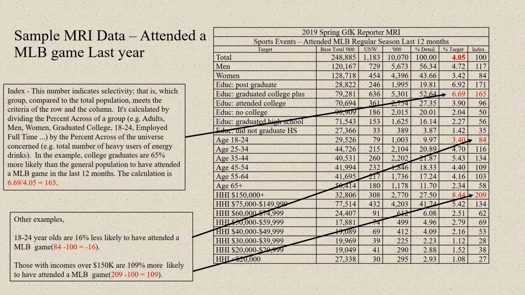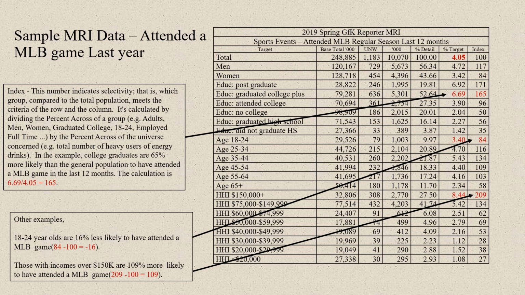That number tells us how likely it is that that particular group attended a game. So, for instance, for those who graduated college plus, that number is 165. That means that that particular group of people, college graduates, is 65% more likely than the general population to have attended a game.